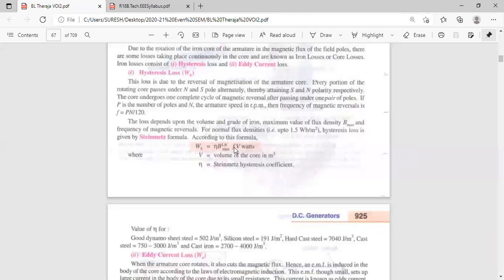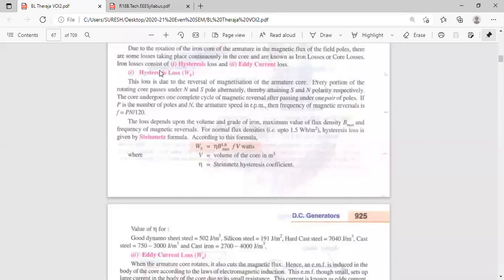F is the frequency. What is B? B is the flux density. F is the frequency of magnetic reversals. V is the volume, eta is the Steinmetz hysteresis coefficient.